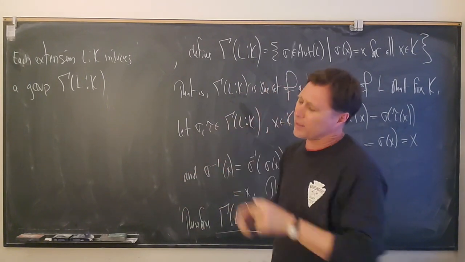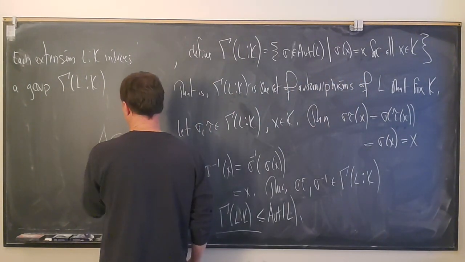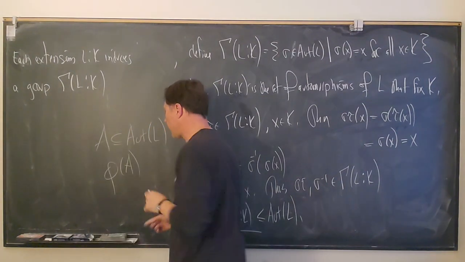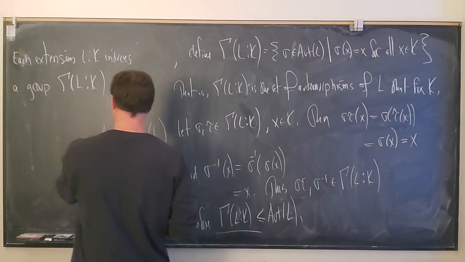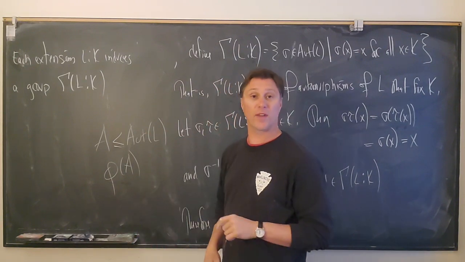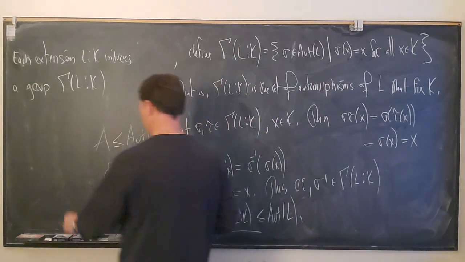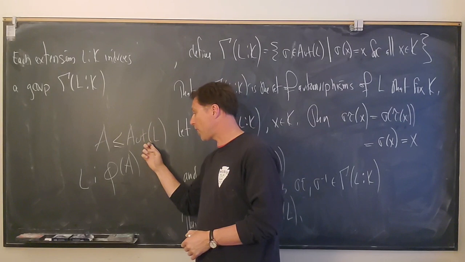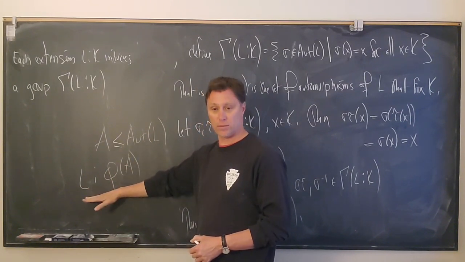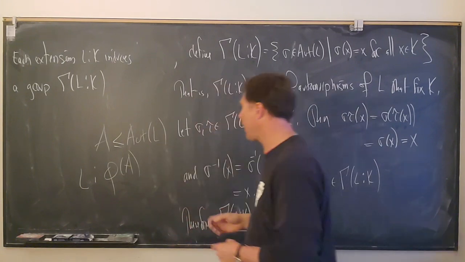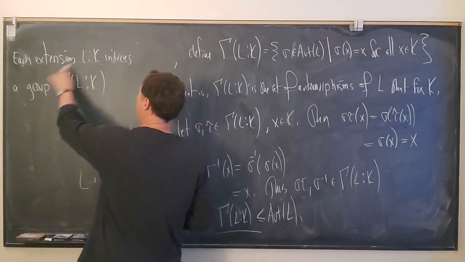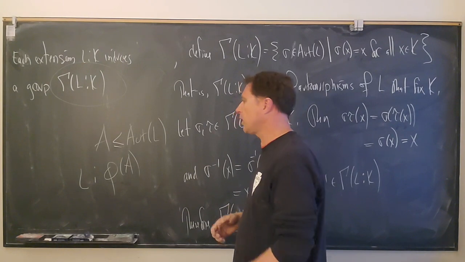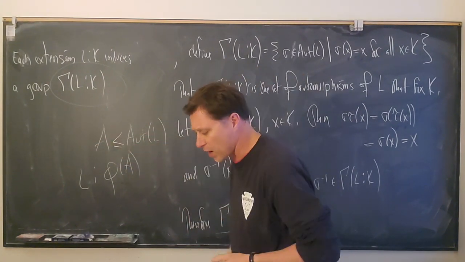We did this capital A subset of Aut L, and then we did phi of A. In particular, if we insist that A instead is a subgroup of Aut L, then still we get this fixed field, and the fixed field corresponds to an extension L over phi of A. So every time we have a subgroup of Aut L, we get an extension L over phi of A. On the other hand, every time we have an extension, we get a subgroup of Aut L. So we've got this back and forth interplay between fixed fields and these subgroups of Aut L.